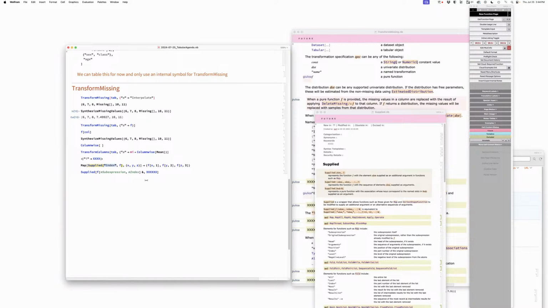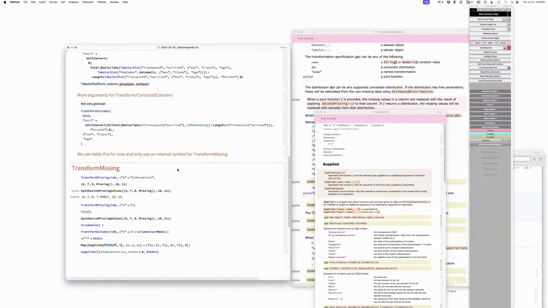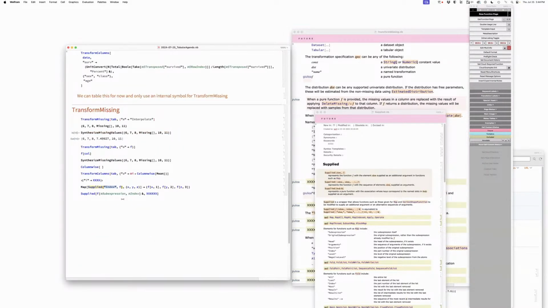Okay, I think one common thing you want to do is to say, I want to take all the items that have the same characteristics over some column and replace the missings in that group with the mean or the median or the mode from that group. How do you do that with supplied? You don't. Okay, let's try to do it with this supplied.